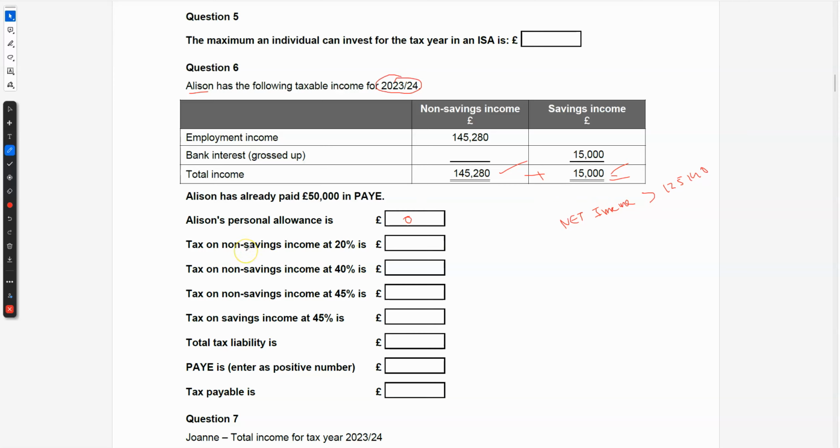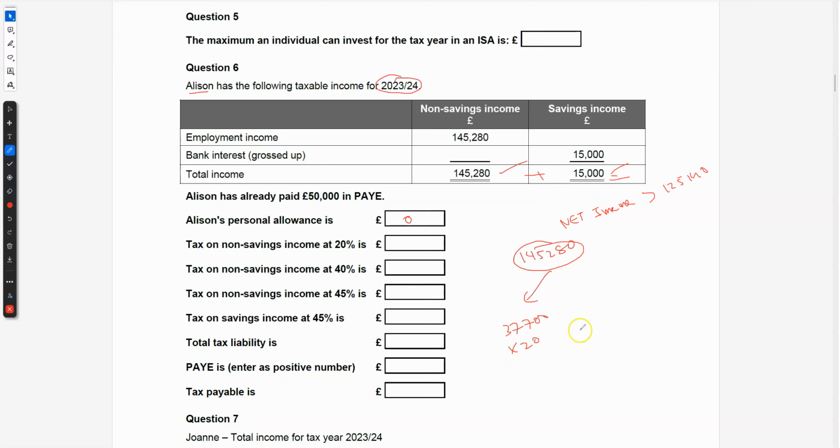The next one says tax on the non-saving income at 20%. Now we have different thresholds, because we need to look at the bands. Here we have a non-saving income of 145,280. We need to break it down into different thresholds. Up to 37,700 is the basic band, and the rate will always be 20%.